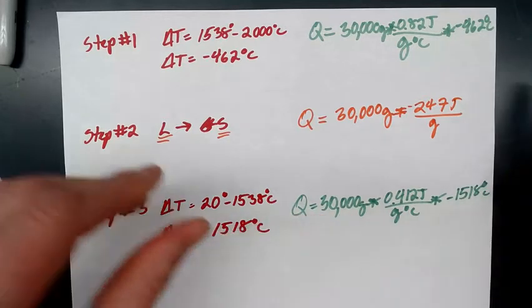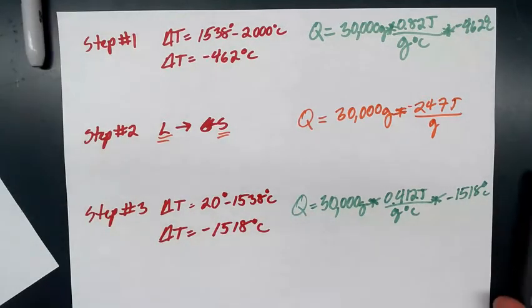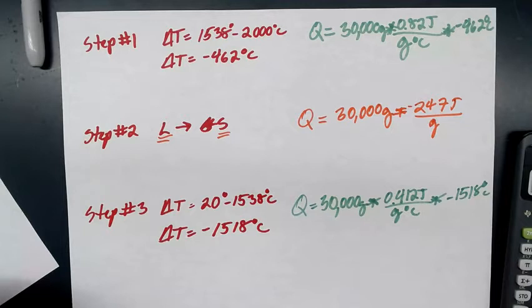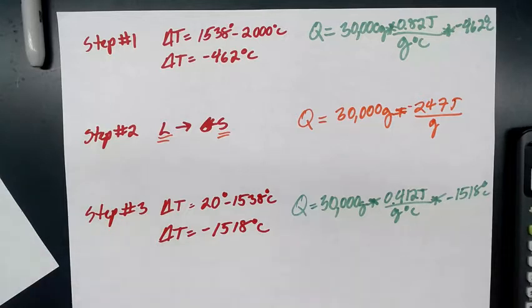All right, so let's do some math here. I'm going to multiply 30,000 by 0.82, and then finally multiply that by our negative 462. So one more time, 30,000. It's going to be a big number because of that 30,000. 0.82 times 462. It's going to be negative.